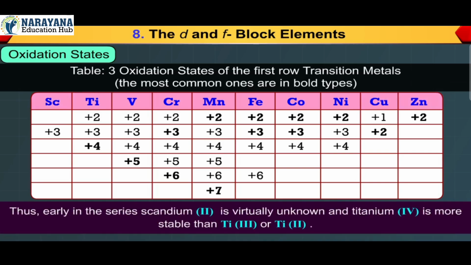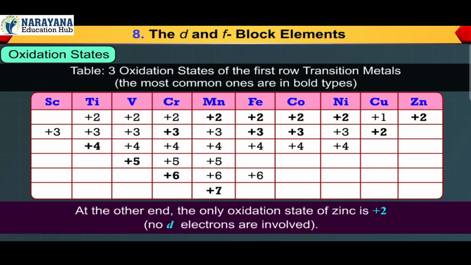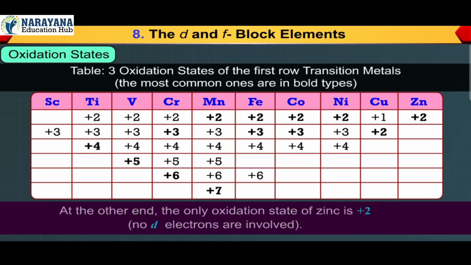Thus, early in the series, Sc(II) is virtually unknown and Ti(IV) is more stable than Ti(III) or Ti(II). At the other end, the only oxidation state of zinc is +2, that is, no d electrons are involved.